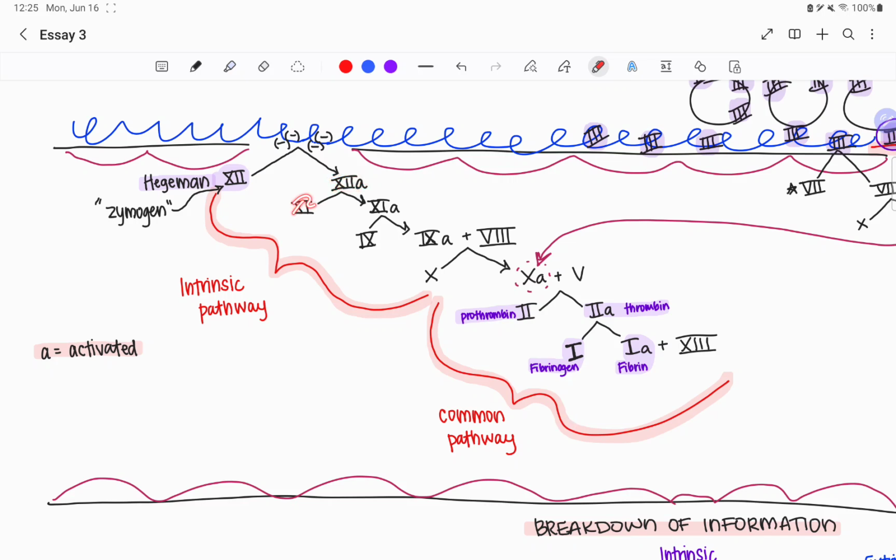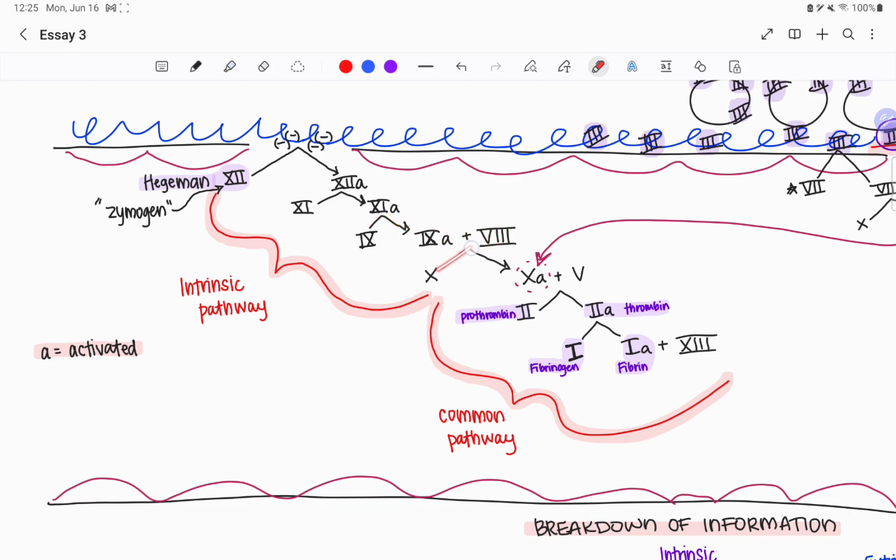And then factor 11 comes in, and it interacts with 12A, and it becomes 11A. And then factor 9 comes in, interacts with, or it's not actually a factor. What it needs is the help of factor 8 to affect factor 10. Okay, but anyways, so 12 to 12A, 11 to 11A, and then 9 to 9A plus 8.